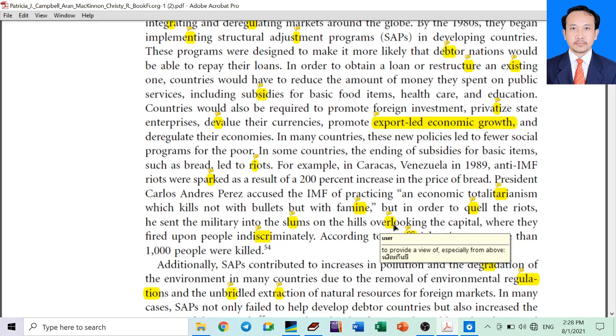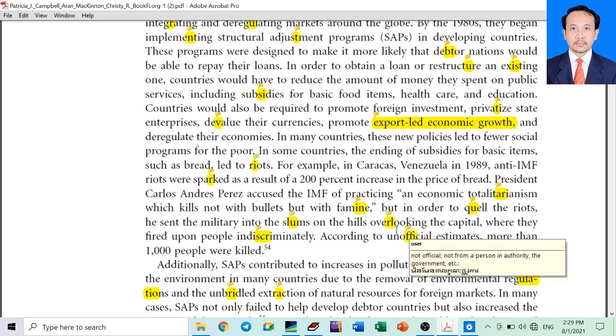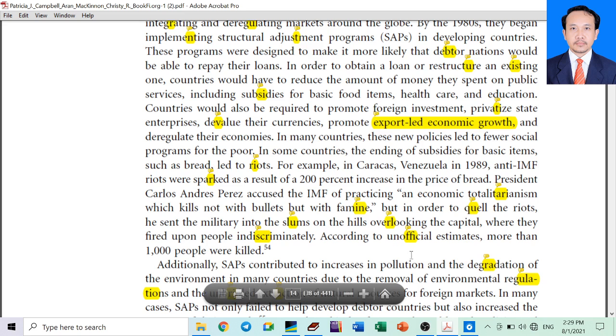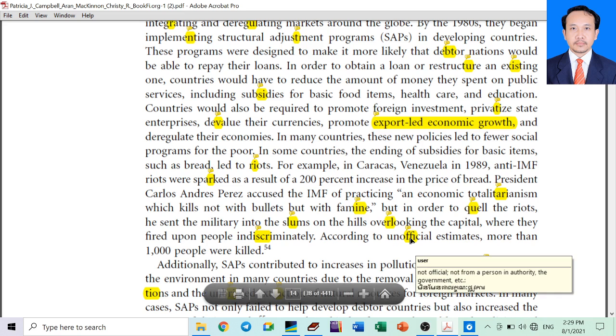There's a place where you can overlook part of an area, that is called overlook, more below. And unofficial: not from a person in authority, the government, etc. That is called unofficial.